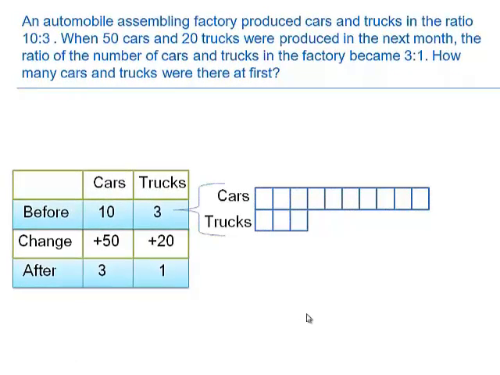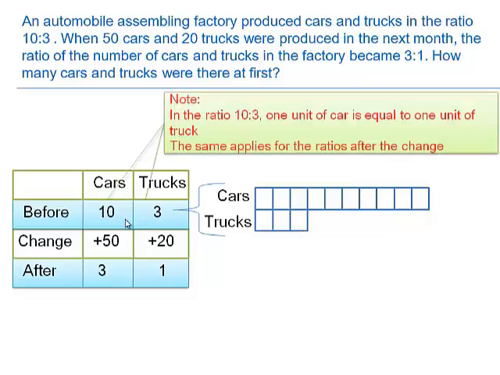So here we have 10 car units. Because it's in ratio, we know that 1 unit of the car is equal to 1 unit of the truck, and so there are 10 car units as shown here and 3 truck units.